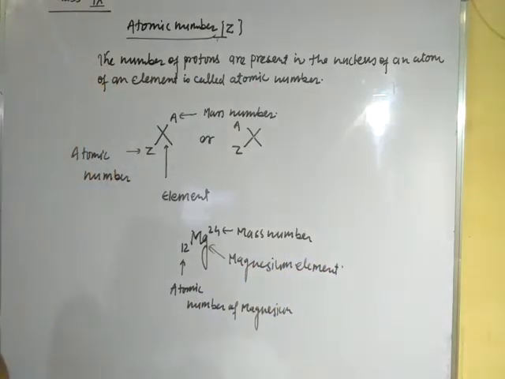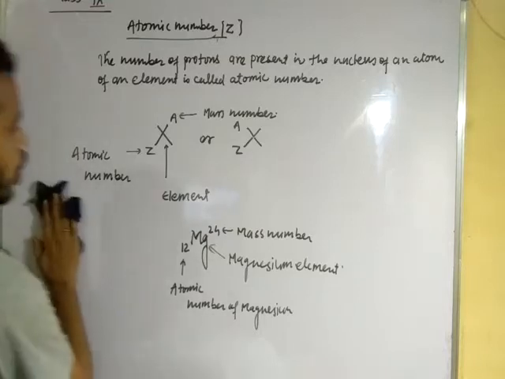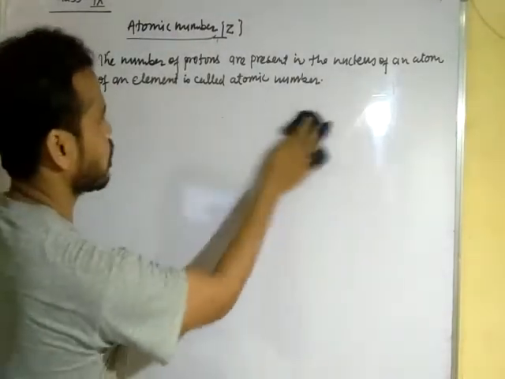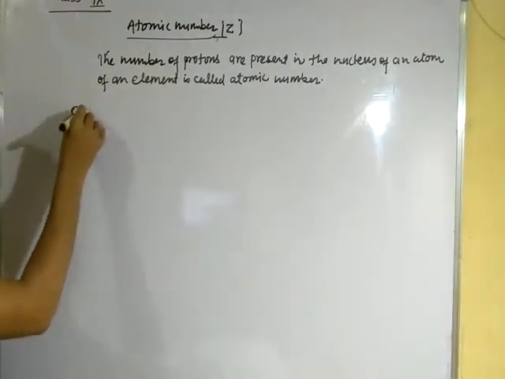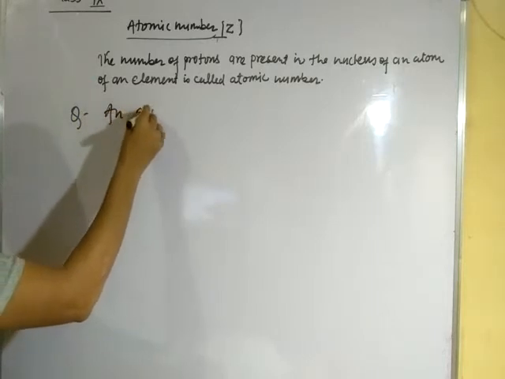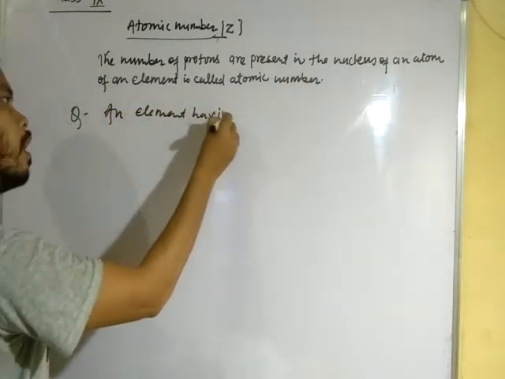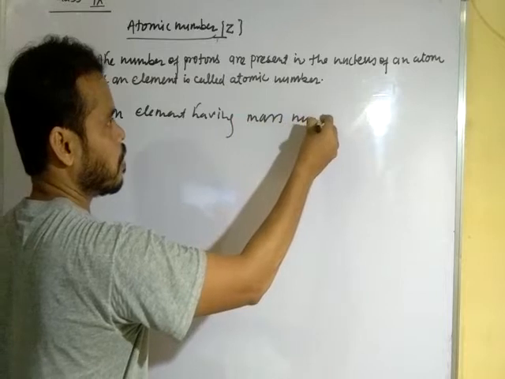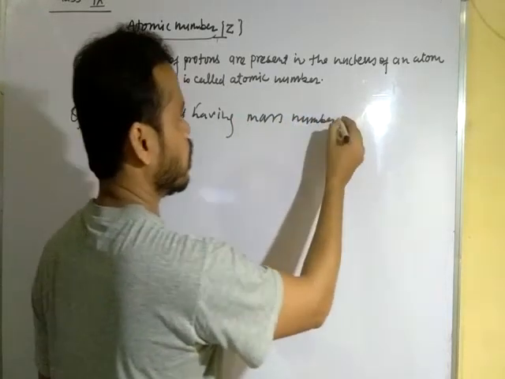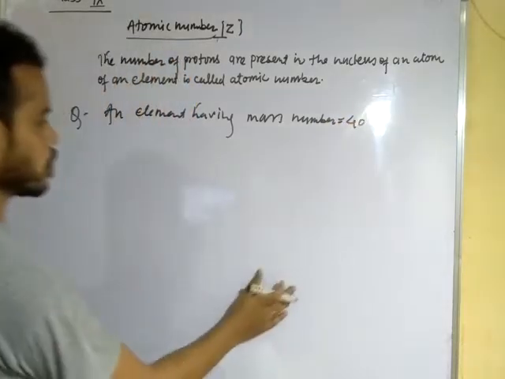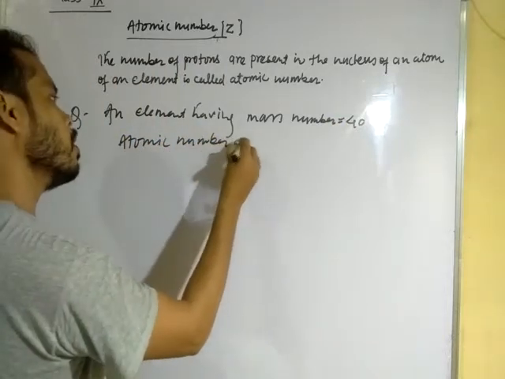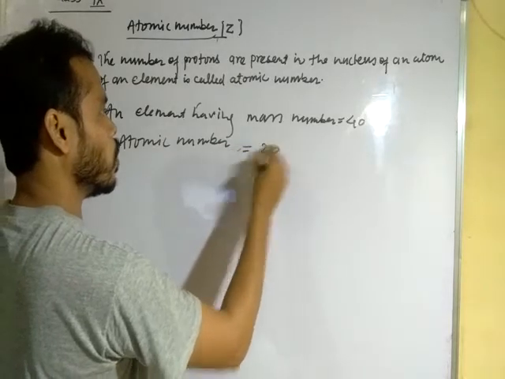Now suppose an element having, sometimes a question asks, an element having mass number equal to 40 and atomic number equal to 20.